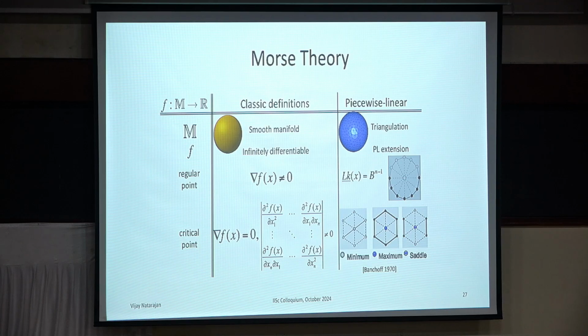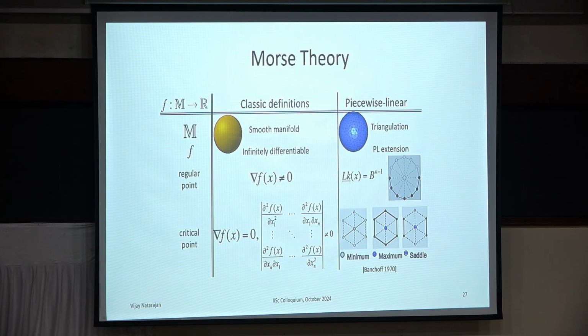And this works for critical points as well. So here is a pictorial representation of what this lower link looks like. You can imagine that the lower link of a minimum is empty. All the neighbors have value higher than me, so the lower link is empty. For a maximum, all my neighbors have function value lower, so the lower link looks like the circle, also called the one sphere.